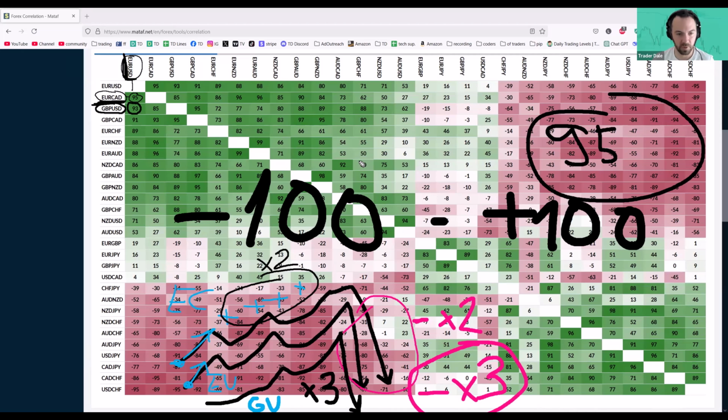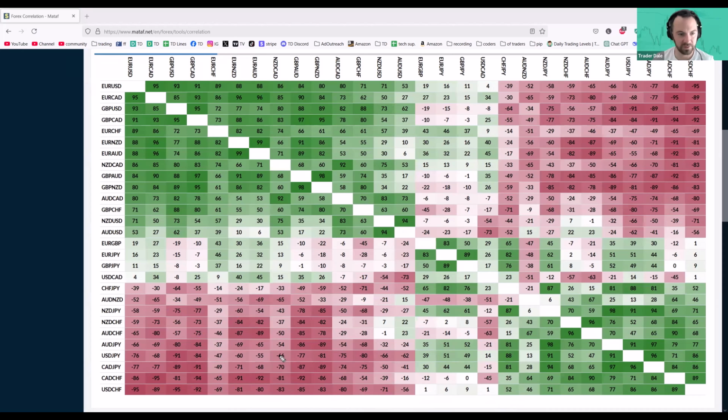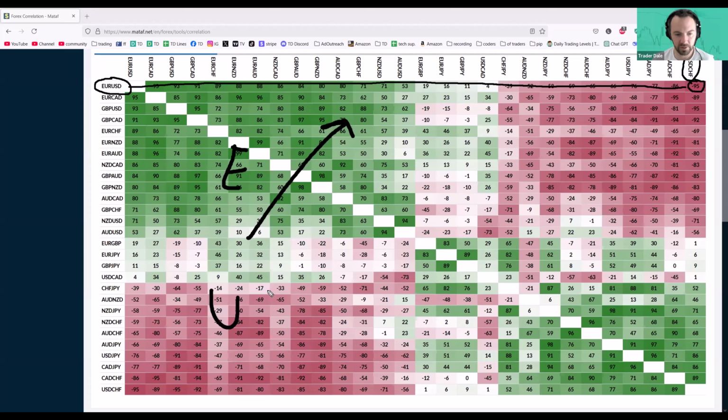I, for example, focus mostly on trading the majors. And I know I don't need to look at the table. I know that, for example, the euro dollar and the Swiss franc, they have strong negative correlation, -95. That means if euro goes up, the US dollar Swiss franc goes down, right?